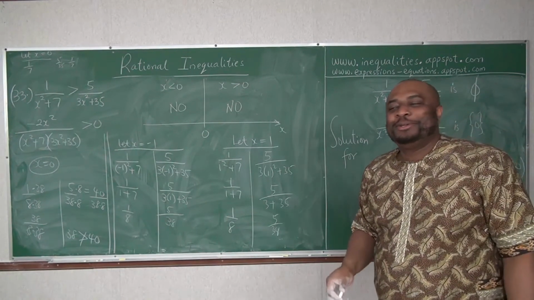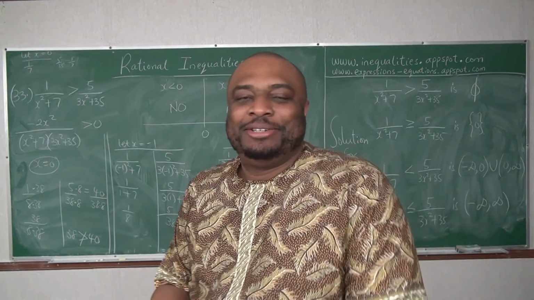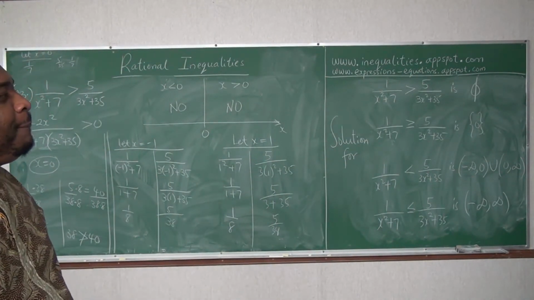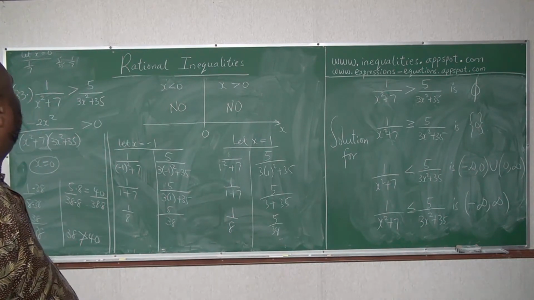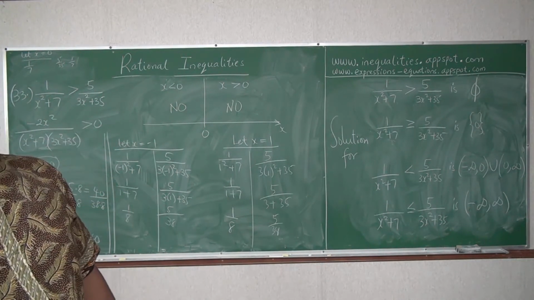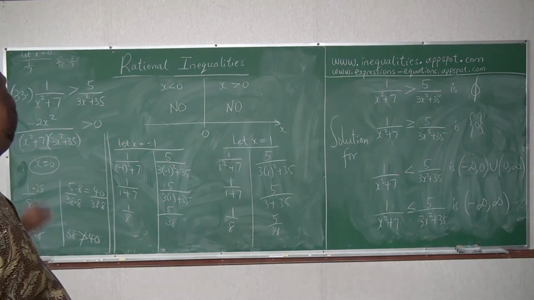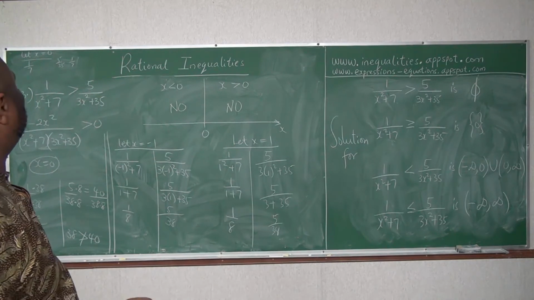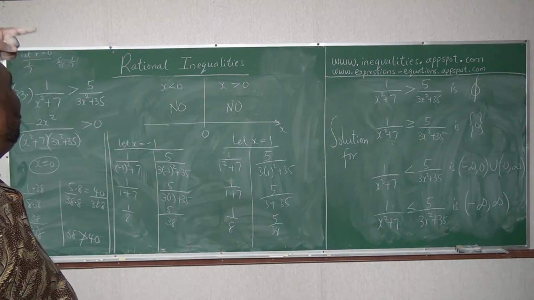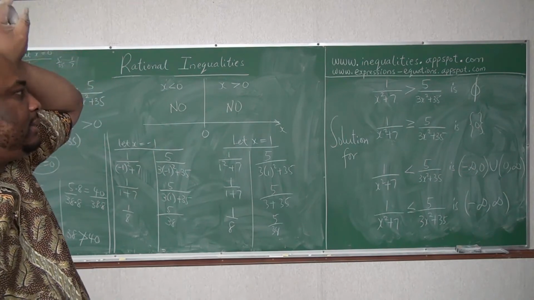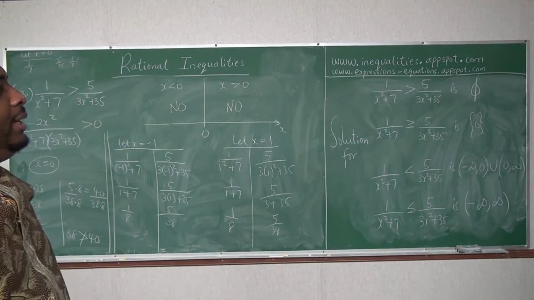For greater than or equal to, we can write it as set notation. Only 0. Because if we test it with x equal to 0, 1 over 7 is greater than or equal to 1 over 7. So yes, it will only be 0.